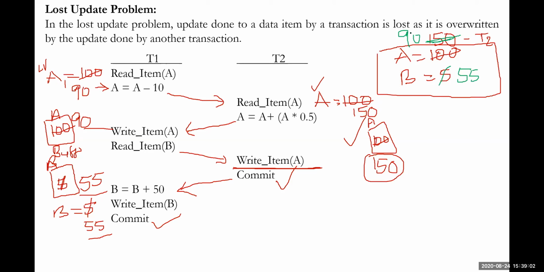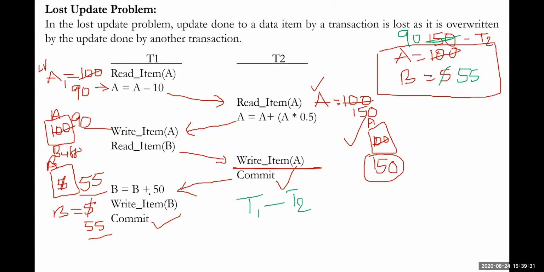If we perform this operation in serial order, that is, the entire transaction T1 followed by transaction T2, all instructions of transaction T1 are completed, and then transaction T2 is taken for execution.